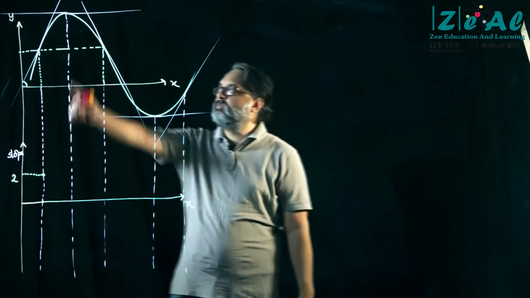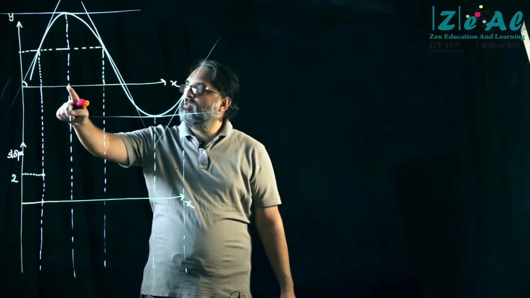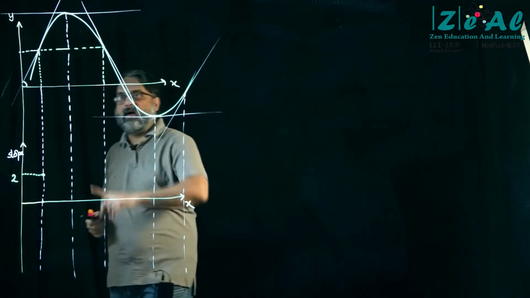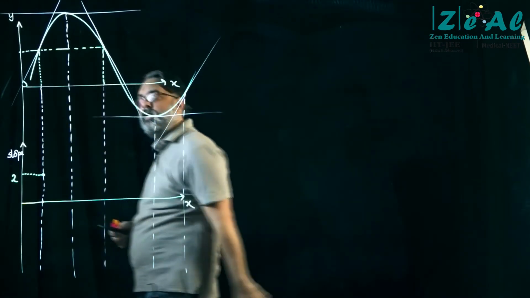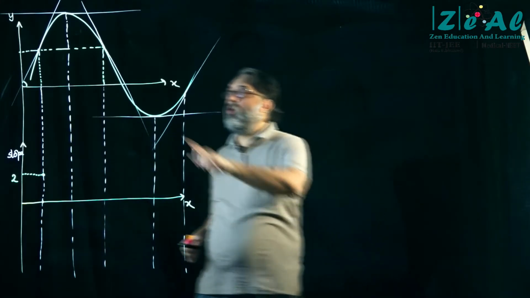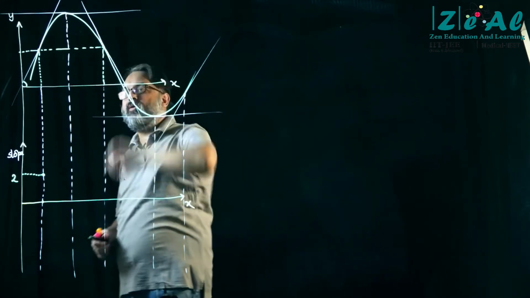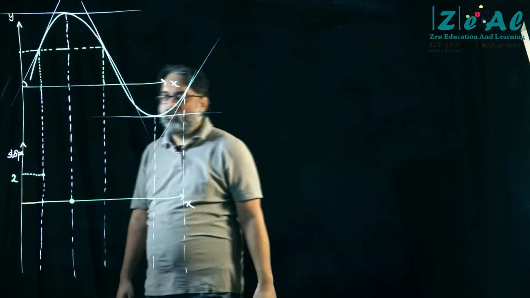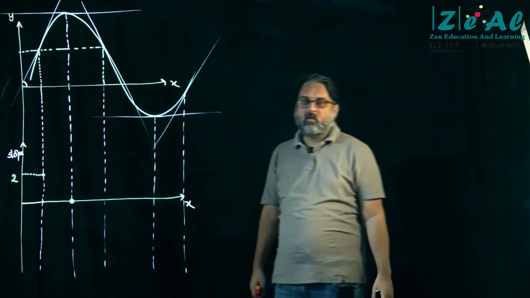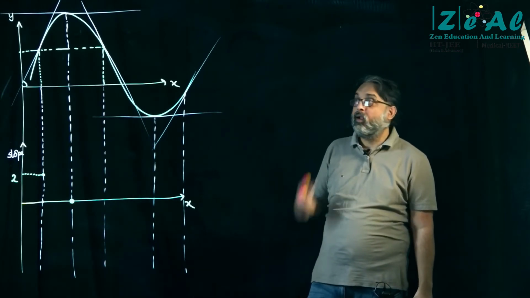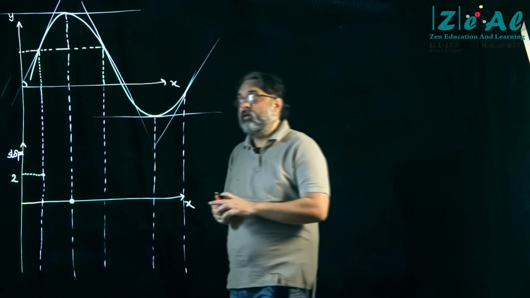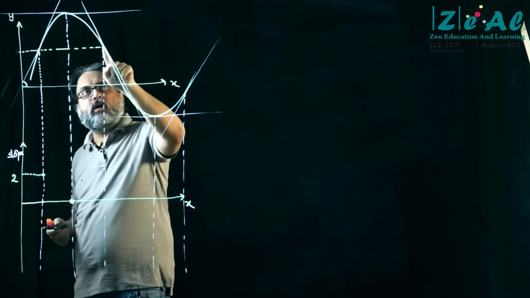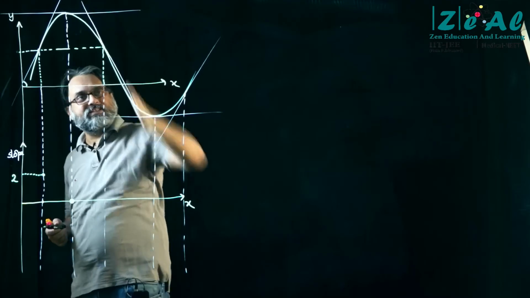Now, for this point, well, for this x, the value of y is very high. But the slope of the graph at this point is 0. So here I will plot 0. Okay. Now we come to this point. Well, for this x, the value of y I can read off here, but the slope of the graph is this.